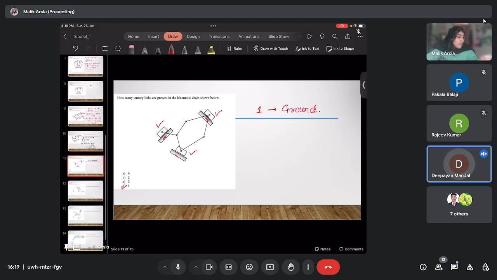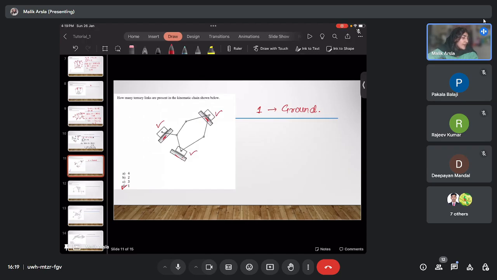Ma'am, why is a slider not a ternary link? Means it is also connected to three links, like it is connected to the ground and two other links. No, see, you are telling this slider is connected to this ground.